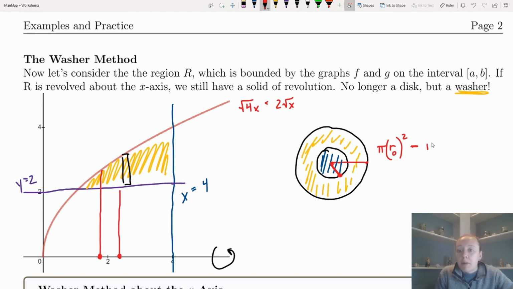So that's going to be pi times my r sub i, for my inner radius, my r sub i squared. So that's me taking that outer area, that full area, and subtracting that smaller area. But remember, to get volume, we're going to have to integrate that.